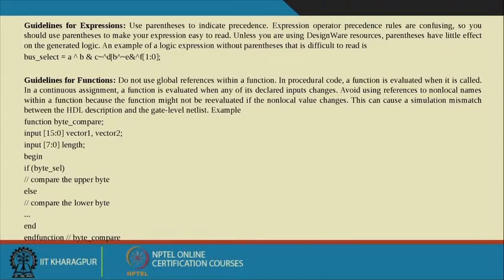Then C invert XOR D is another operation, so that will be put in a parenthesis. Then the whole operation will be put in another parenthesis. This is a good coding practice. Otherwise, when we give this logical expression to the design compiler, it may interpret it as a different expression and give you a different netlist than the desired one.